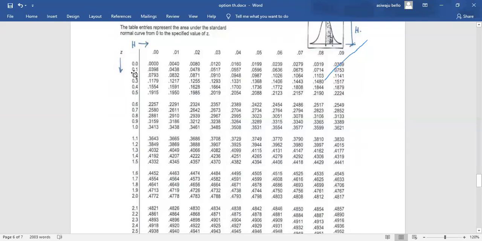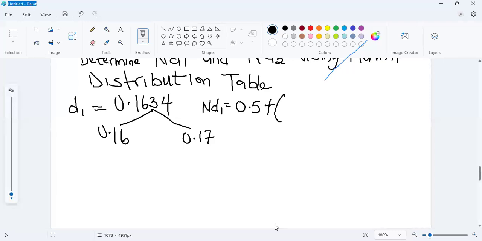Look at it, please. 0.1, I will now trace it to 6. That will give us 0.0636.